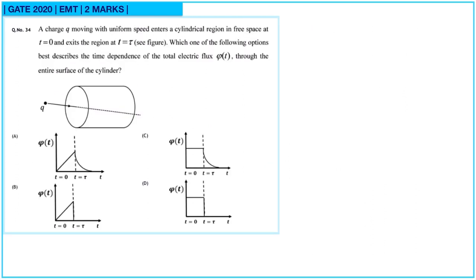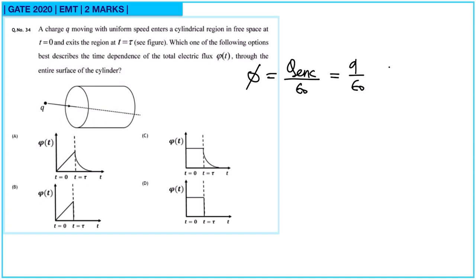Next question. A charge q moving with uniform speed enters a cylindrical region in free space at t is equal to 0 and exits the region at t is equal to tau. Which one of the following options best describes the time dependence of the total electric flux through the entire surface of the cylinder? Now flux is equal to q enclosed upon epsilon naught by Gauss law, and charge enclosed is q.